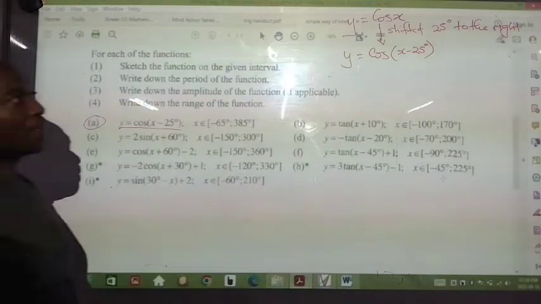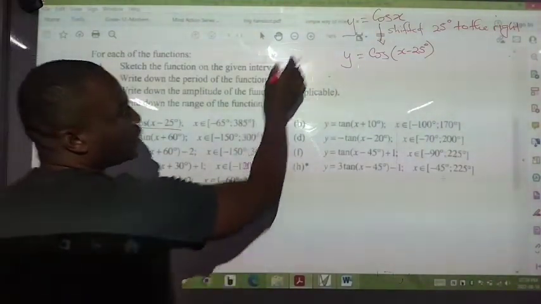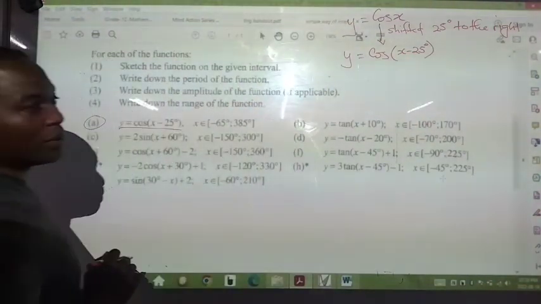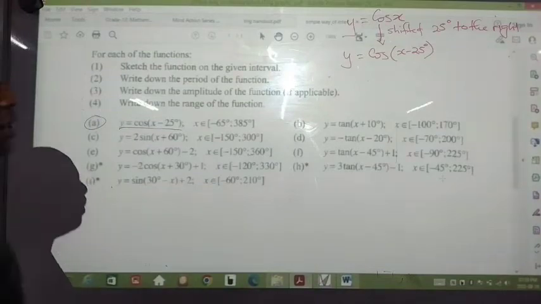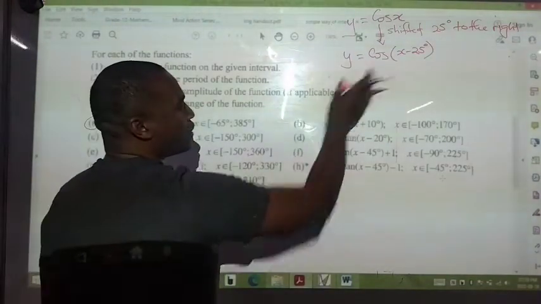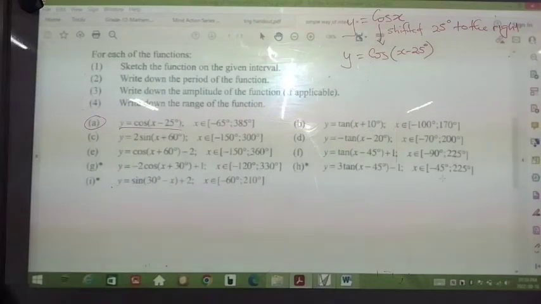So it would be better for us to start with the graph of y is equal to cos x before we come to this graph. So let's be practical about this.